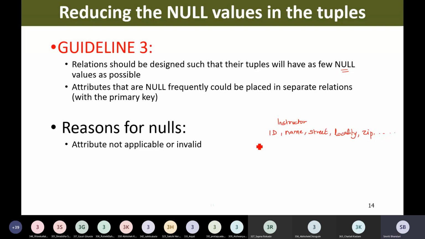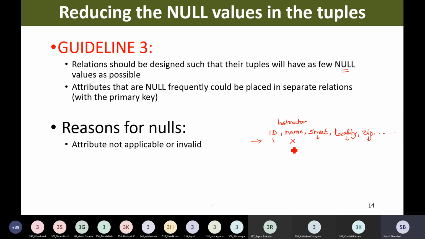Now sometimes whenever we go for storing the data in such a relation, these attribute values are available, but not necessarily are all those attributes applicable for each and every record.